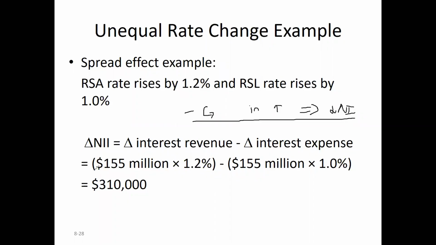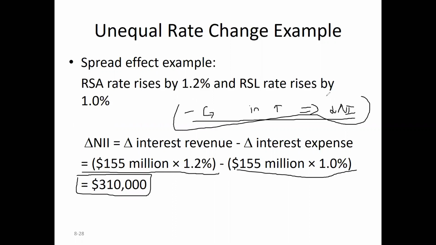To come up with a certain gap, we need to find how it's actually rated, so we need to have a certain calculation. You cannot use this rule when the rate sensitive assets and rate sensitive liabilities are rated at different rates.